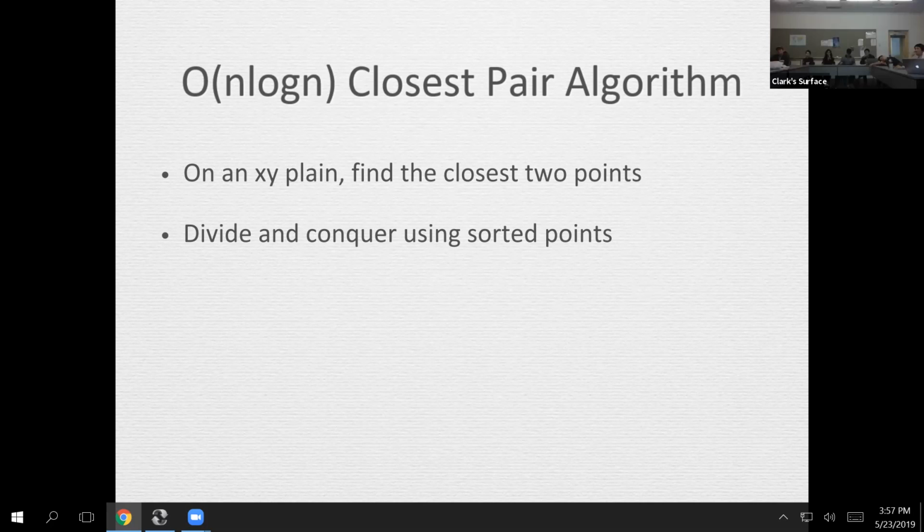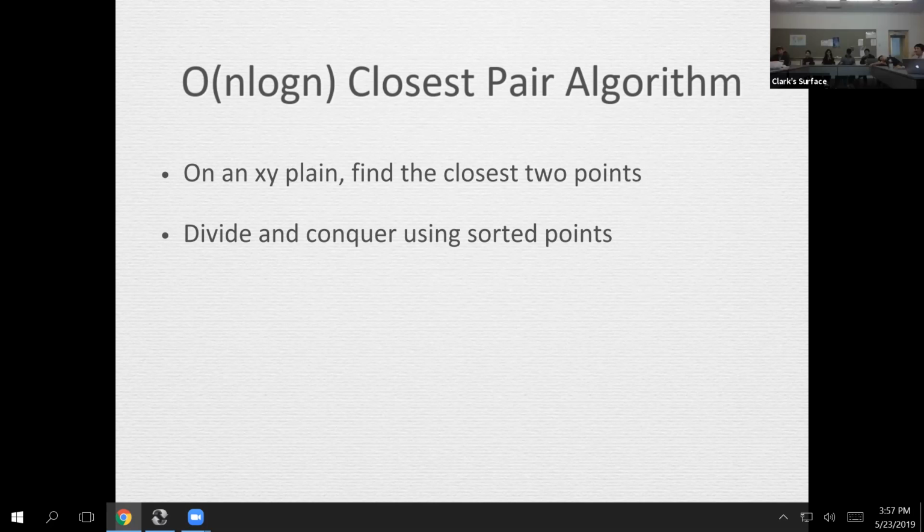The closest pair algorithm is very complicated, so I'm not going to explain, but it uses a divide and conquer way to solve it and finds the closest points in the xy plane.